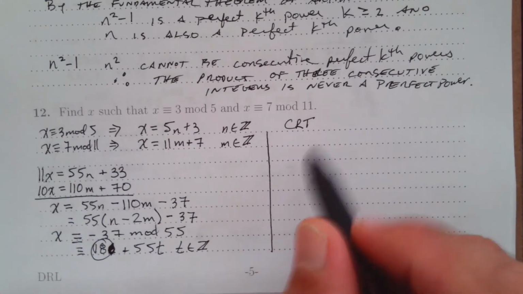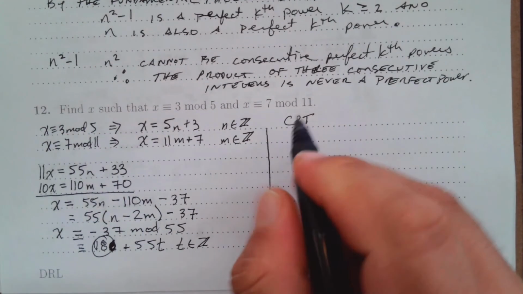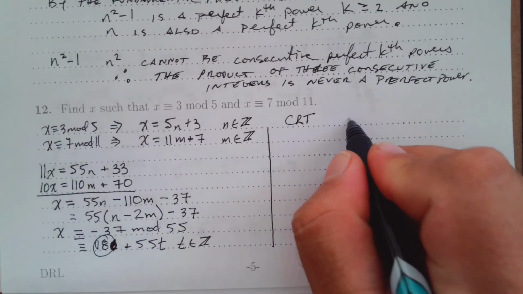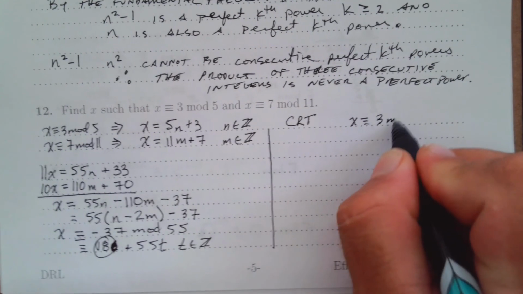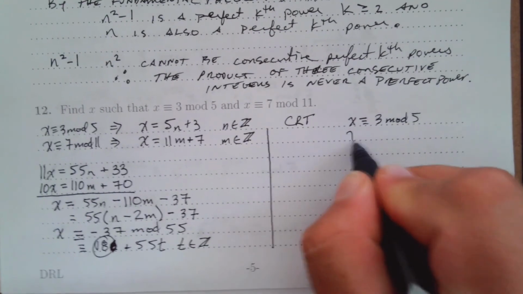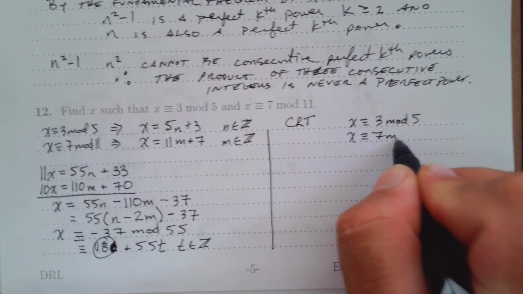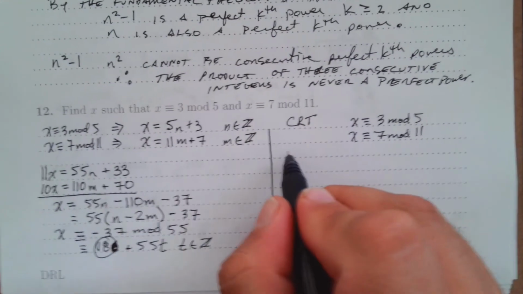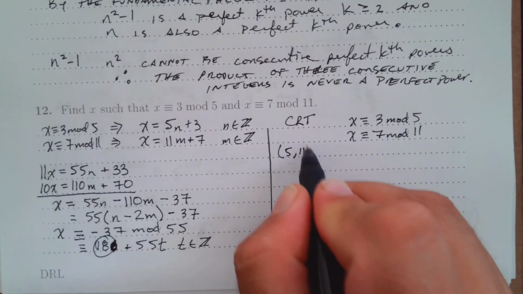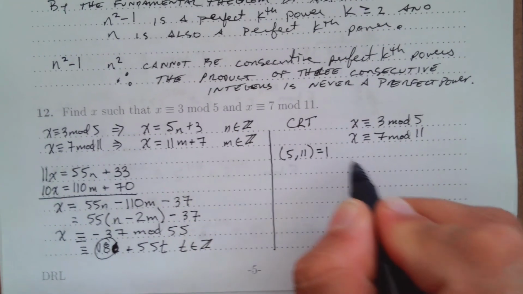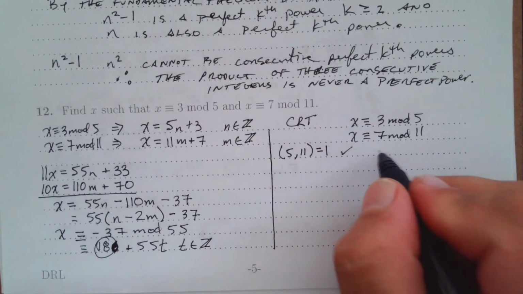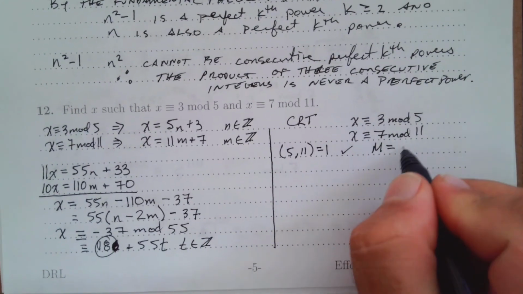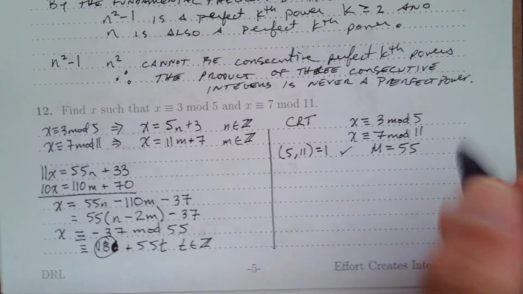So if we approach this using the Chinese remainder theorem, we'll just rewrite our equivalence. x is equivalent to 3 mod 5, and x is equivalent to 7 mod 11. We want to make sure that 5 and 11 are relatively prime, and they are relatively prime. Then we need to find our product, which big M is going to be equal to 55.